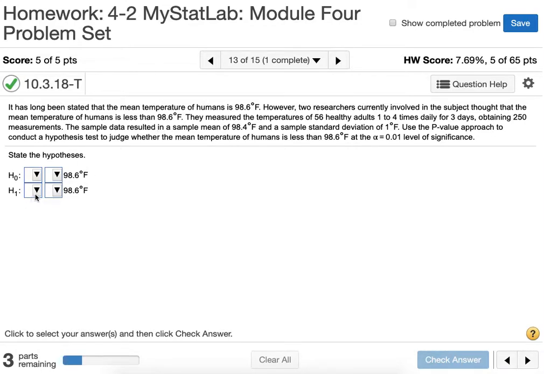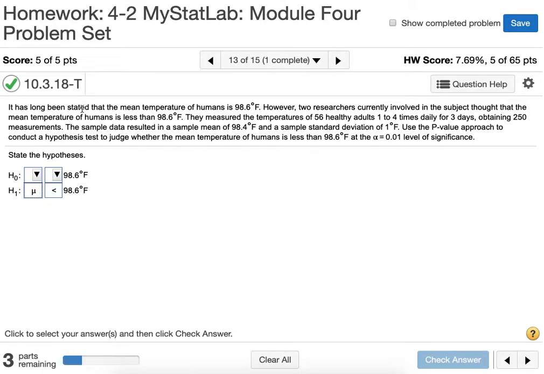So the alternative is always what the researchers think. So the researchers thought that the mean temperature of humans is less than 98.6 degrees. So this is going to be a less than, and then they said mean, so the population mean is what we're going to put here.